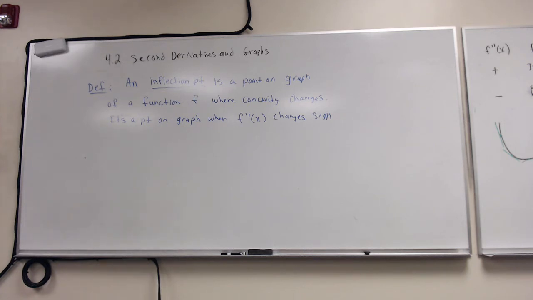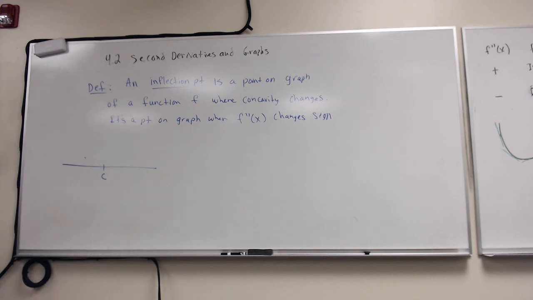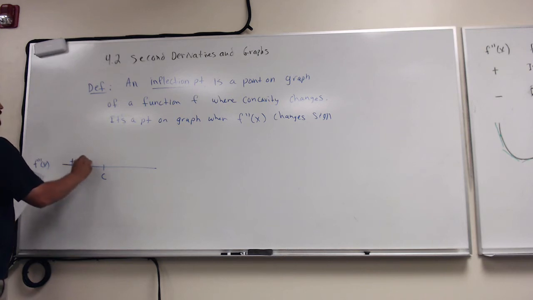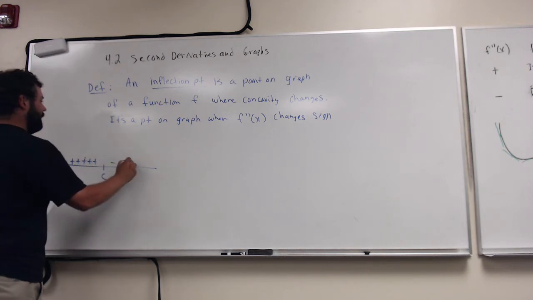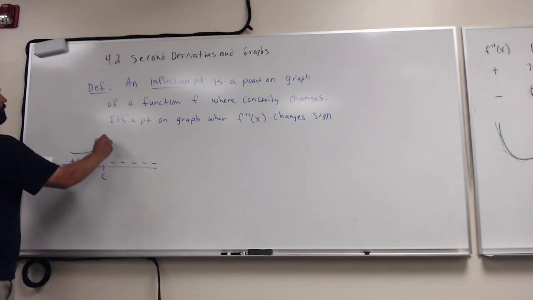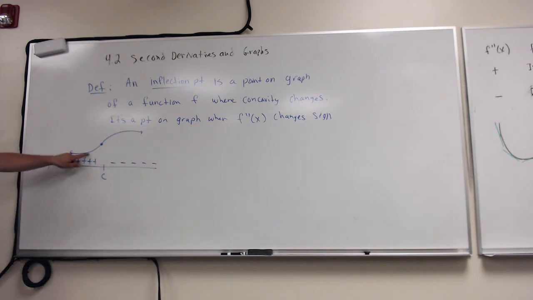And I think I've got all four cases down in theorem 1 on the handout. You could have the case where you've got a number c where the second derivative is 0 or undefined, and it changes plus, plus, plus, plus, minus, minus, minus, minus. This might be a case where to the left of c you're concave up, to the right of c you're concave down.